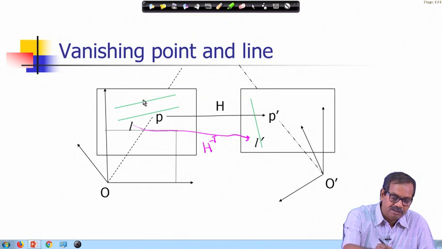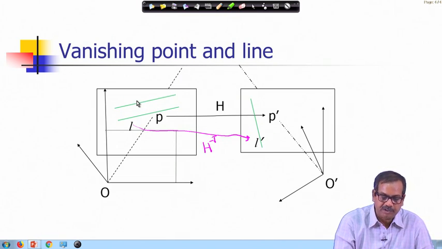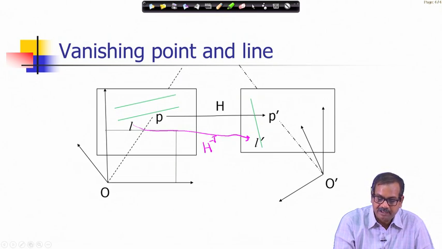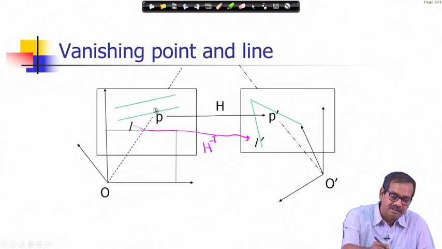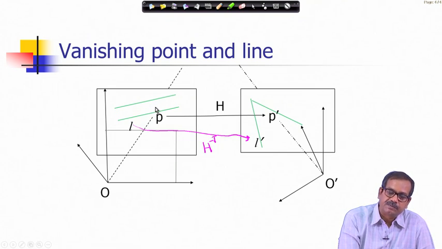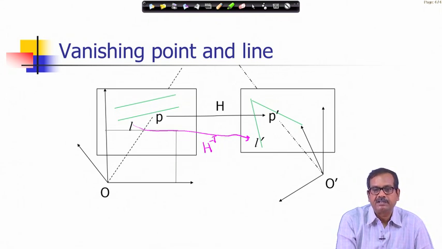Similarly, if I transform the other line of that parallel pair, we will get another straight line, and we will observe that though they are parallel in the original projective space, in the transformed space they appear as converging straight lines, or actually they intersect at a certain point.